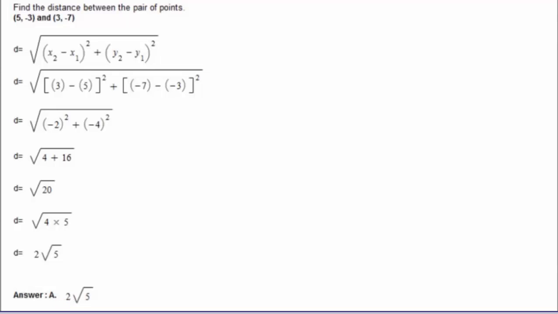Now, let's actually look at the 2 points here in the number line to make a better sense out of this. So I'm going to locate those 2 points, 5 and negative 3. On the x-axis, I'm going to move 5 units, 1, 2, 3, 4, 5, negative 3, 1, 2, 3. I'm going to call this the first point.